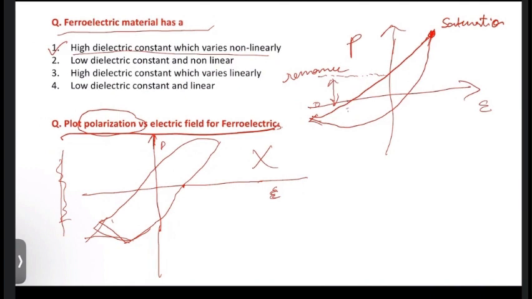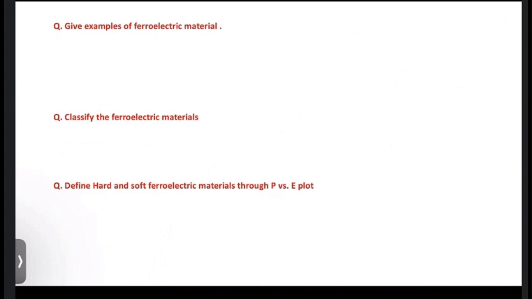And the field needed to move from one point to another point is called the coercive force. So this is the plot we have understood. Next question: give examples of ferroelectric material.